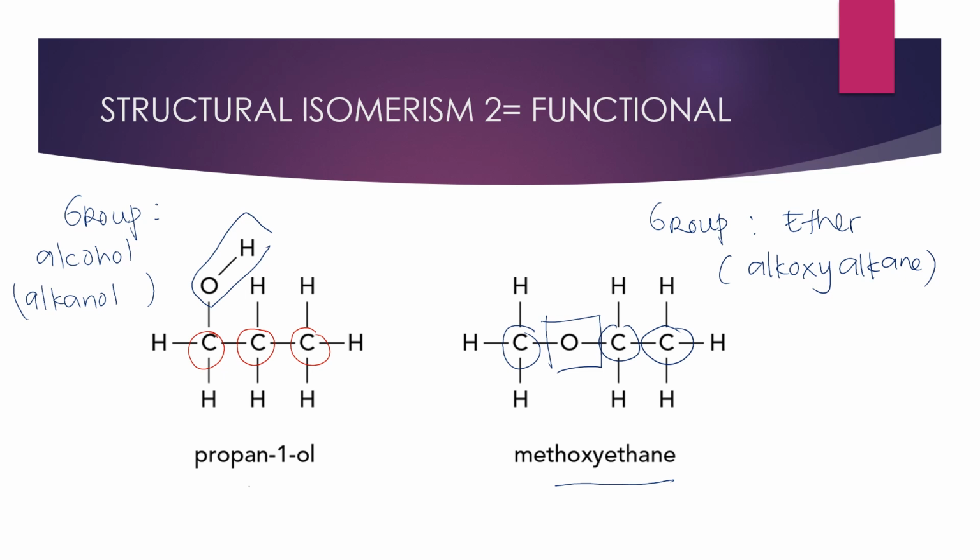So propan-1-ol and methoxyethane are two substances from different groups. So they have different functional groups. The first substance, propan-1-ol, has functional group OH. The second substance, methoxyethane, has the functional group O. So propan-1-ol and methoxyethane are isomers of each other.